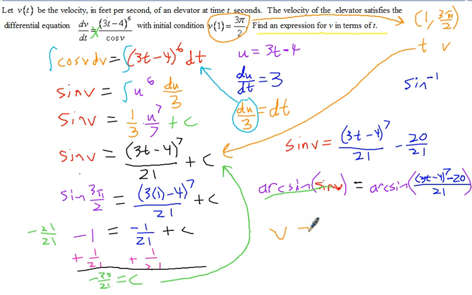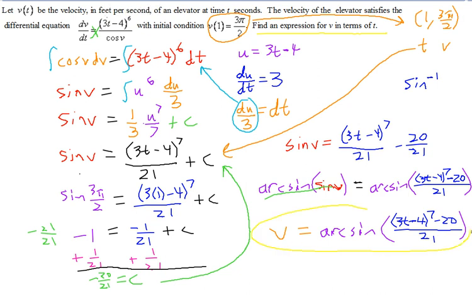So you get v equals arc sine of ((3t minus 4) to the 7th minus 20) divided by 21.